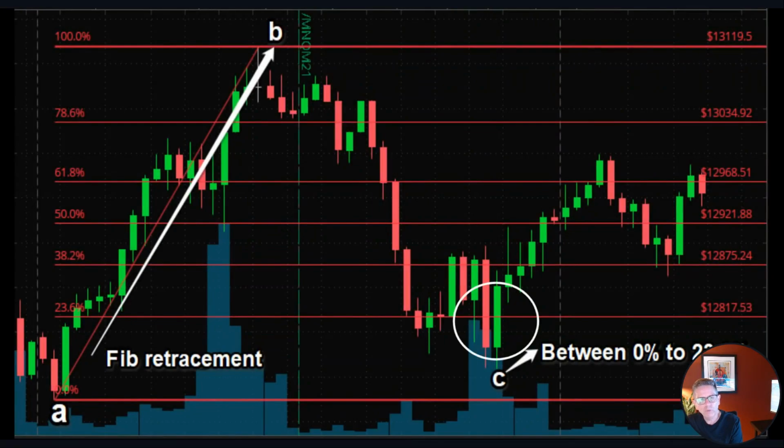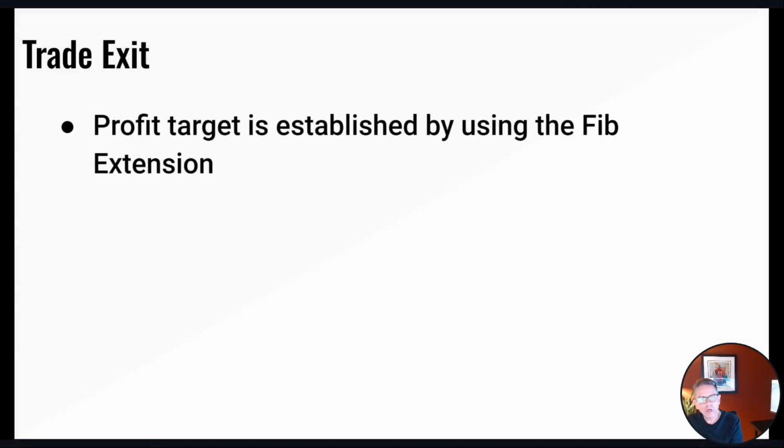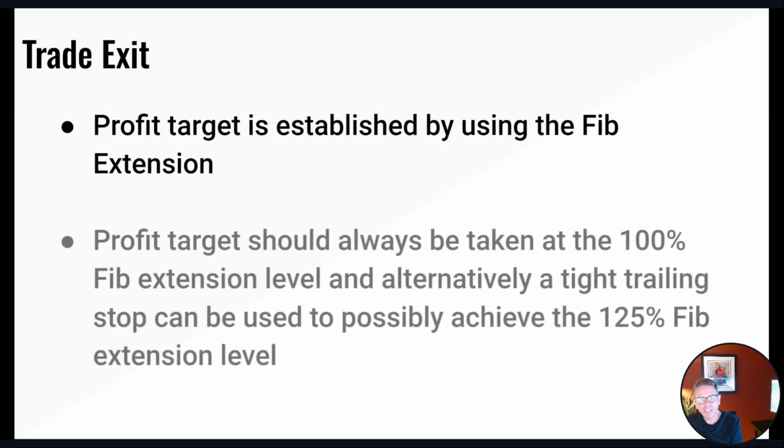And you want to get into this position around this area here. Okay, that way your stop is very low. If you have to get out, you don't lose a lot of money here. Okay. All right. So the target is established by using the fib extension. Okay.